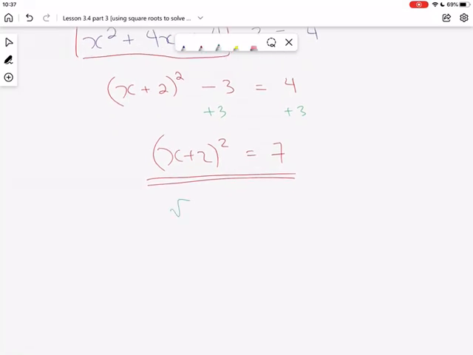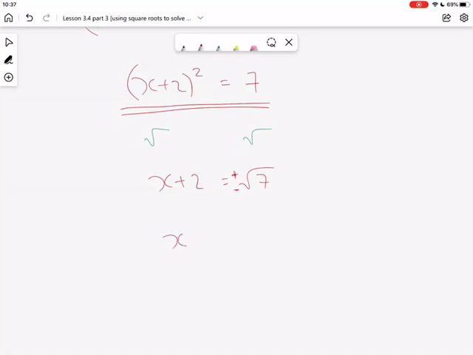If I want to solve this equation, I just have to take the square root of both sides, and I will get x plus 2 equals. Remember, when I take the square root of a number like this, I have 2 possible values: a positive solution and a negative solution. So that tells me that x will be equal to positive or negative square root of 7, take away 2.